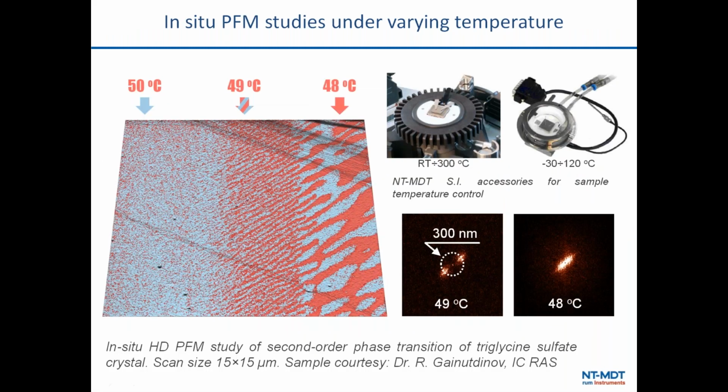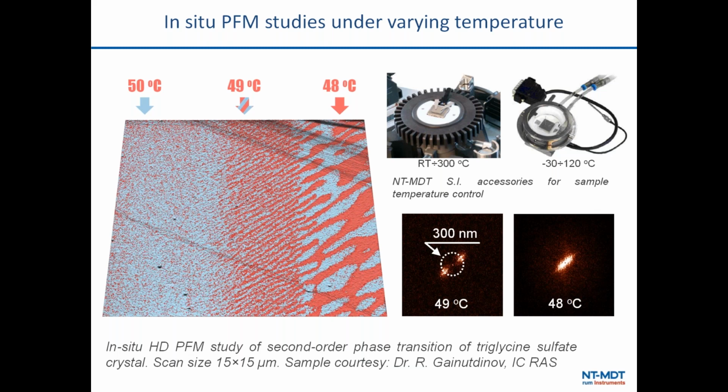On the next slide, you can see the studies of TGS crystal. And again, we have done some PFM studies, but you would say, okay, TGS crystal is pretty hard. Why not just use standard PFM mode? The thing is that we did the studies while changing the temperature in the AFM, and in our AFM it's pretty easy to change the conditions by changing the temperature of the sample.